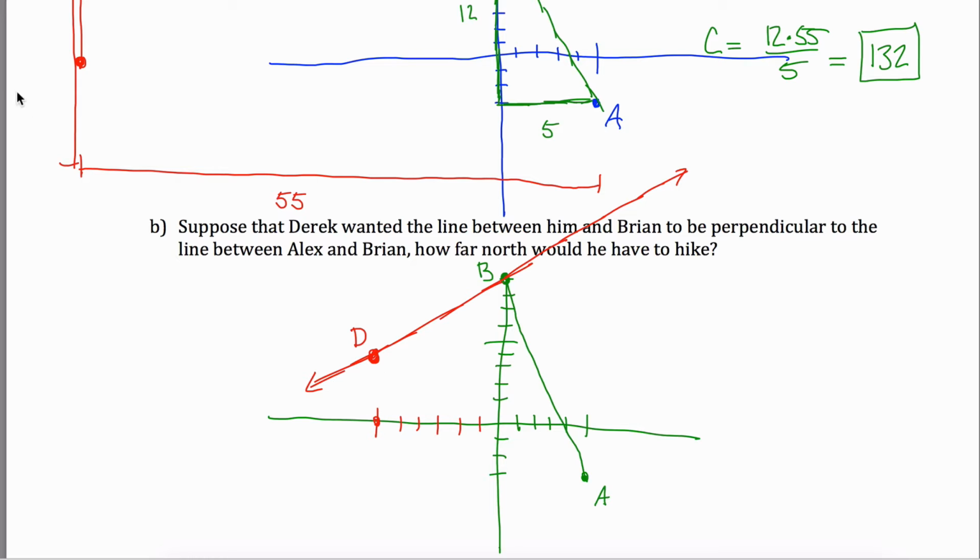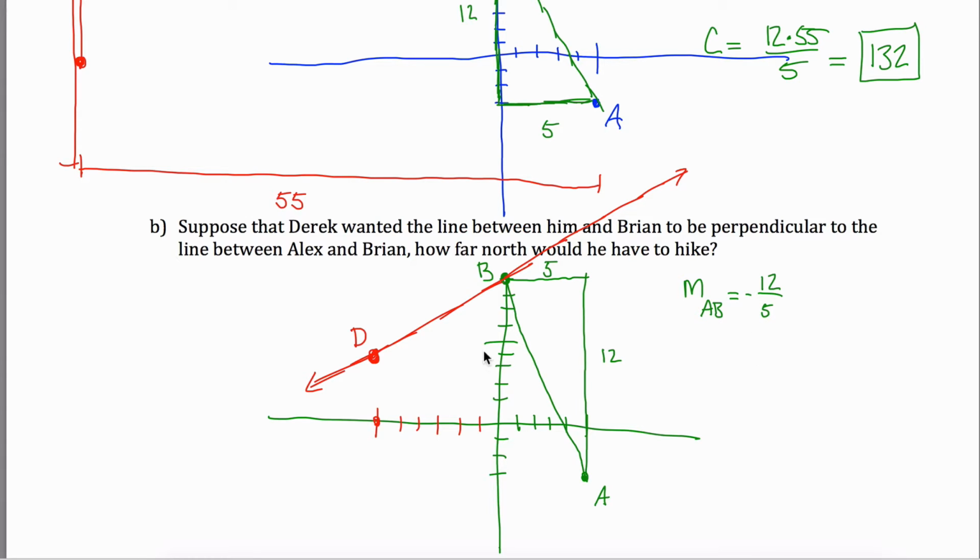The way I can figure out this height is, note that, again, from Alex to get to Brian, you have to go up by 12 and over by 5. So the slope of the AB line is rise, so positive 12, divided by the run, which is negative 5, so it's negative 12 fifths.